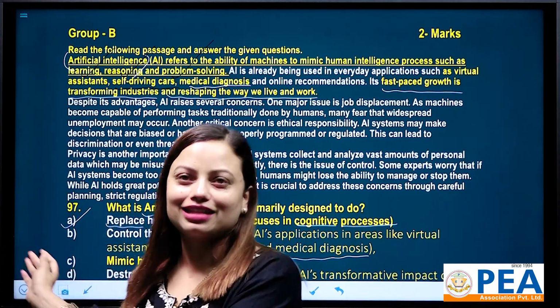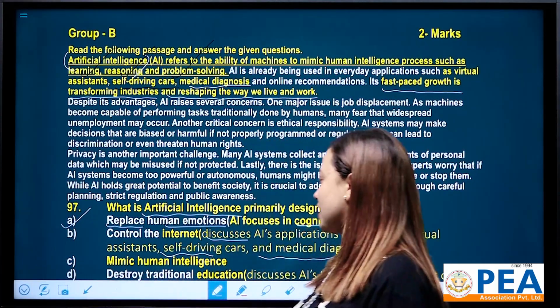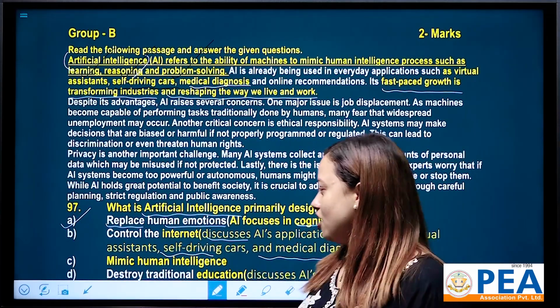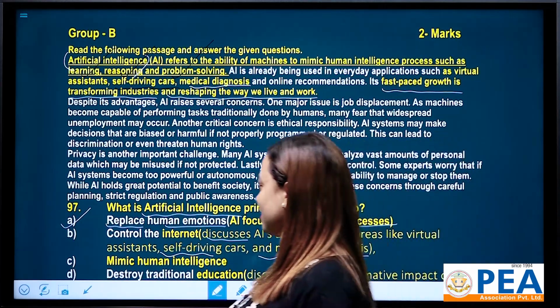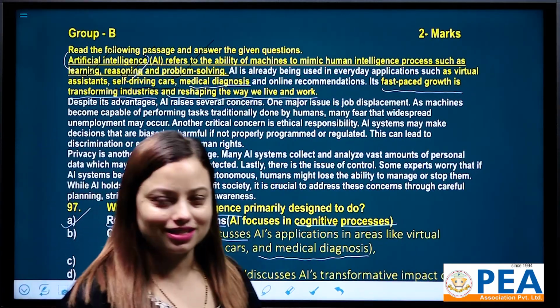It doesn't say that AI destroys traditional education. That's why option D is wrong, A is wrong, B is wrong, and C is correct.